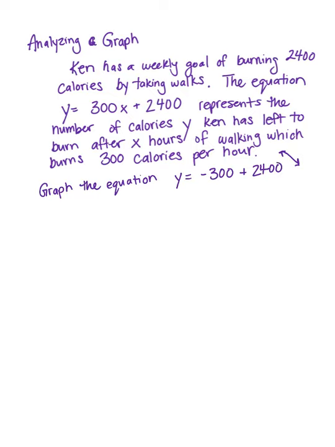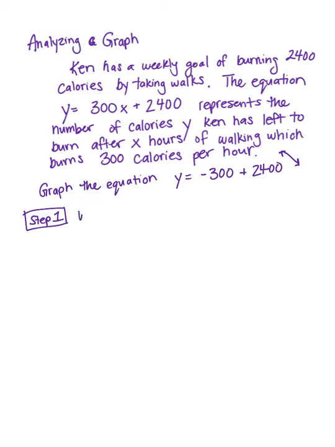So, step one. We're going to write the slope as a fraction. Remember I told you fractions are helpful in slope world? Well, this is not a fraction, so we're going to make it one.